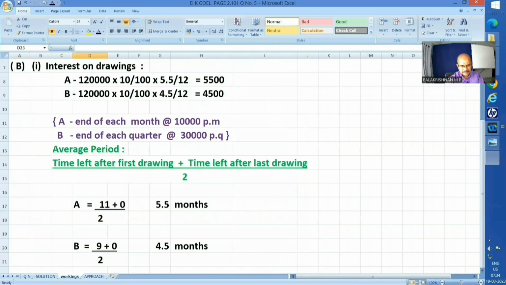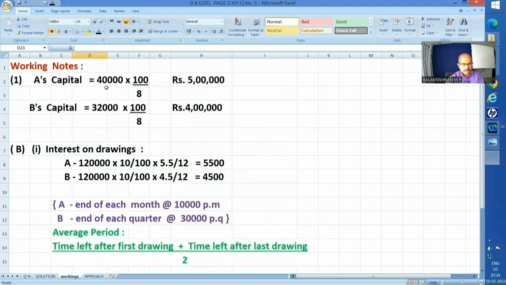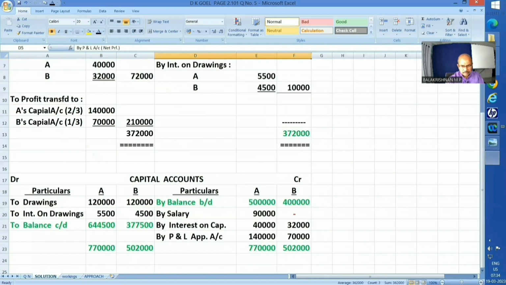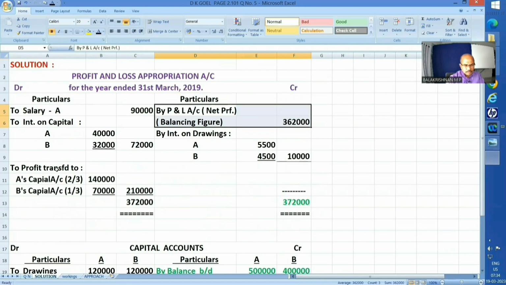Well, it is like this. 40,000, 8% rate, 5 lakhs. Okay. This 40,000 and 32,000, you may ask how you have got it. Here already we have done it, na? 40,000 and 32,000, we already explained to you.